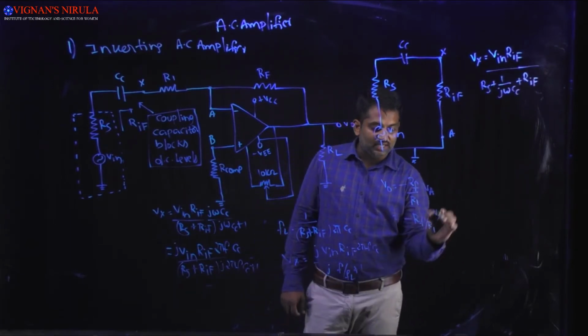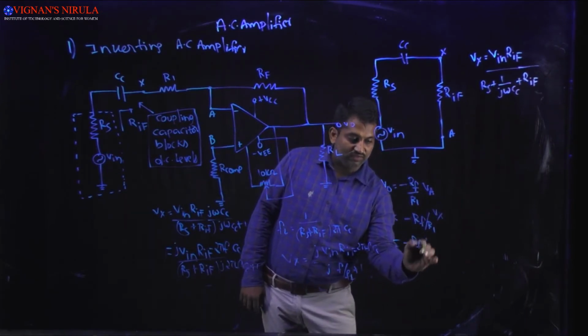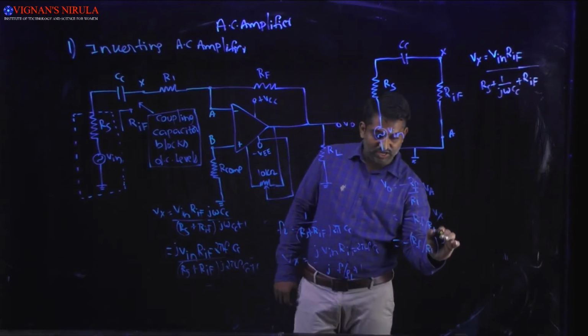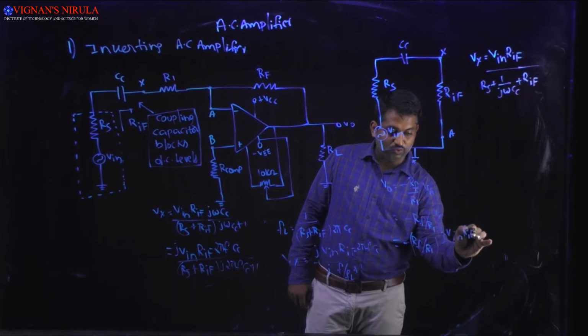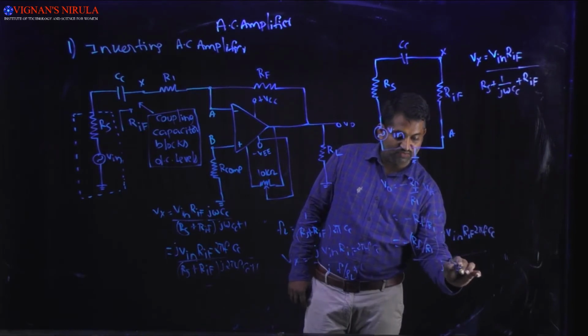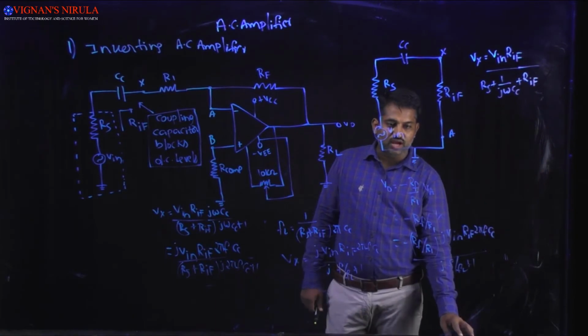So we can easily calculate this value by placing Rf divided by R1 into j into Vin into RIF 2 pi f Cc divided by j into f by FL plus 1. Okay, so that is nothing but the V naught value.